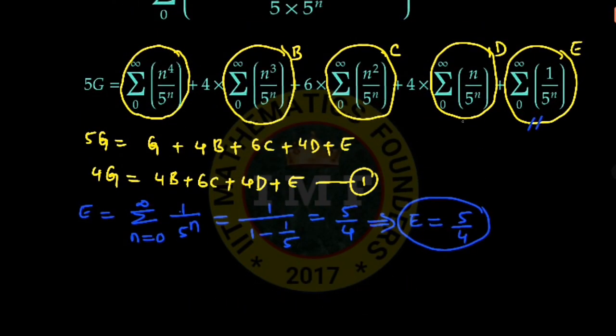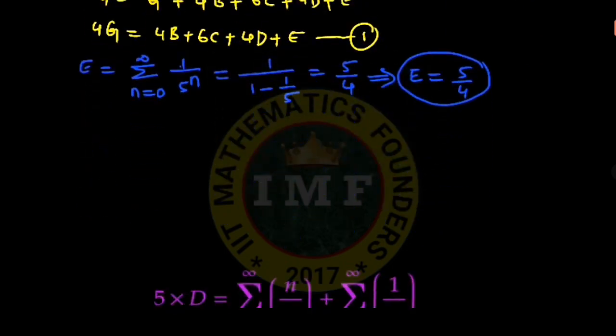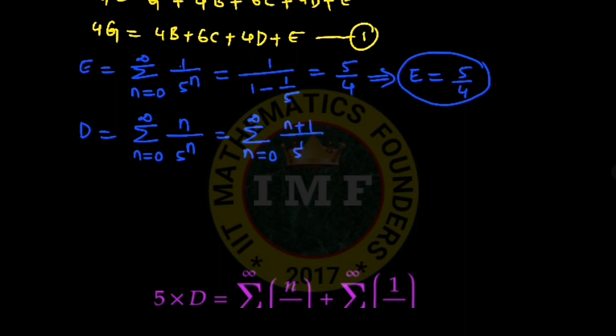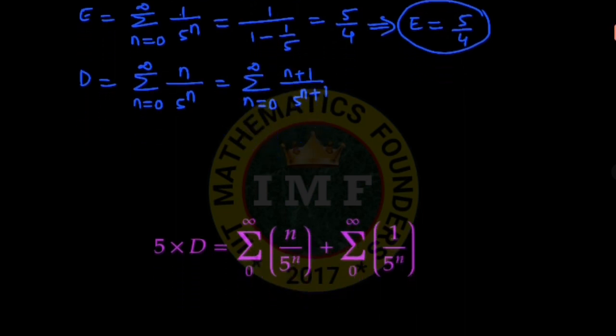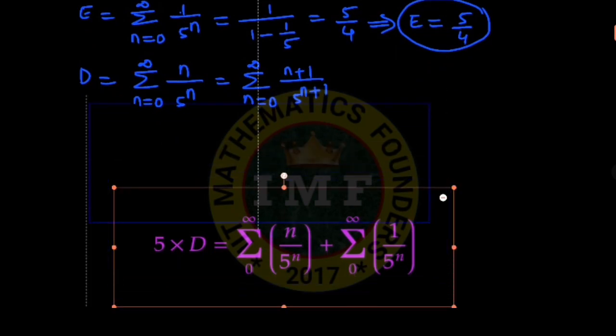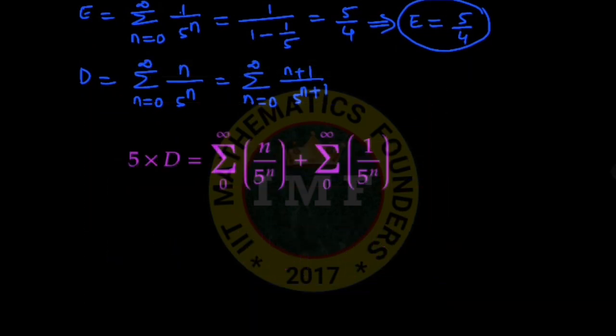Now let me find out this D value. What is D here? D equals sigma n equals 0 to infinity of n by 5 to the power n. This is the same as sigma n equals 0 to infinity of (n plus 1) by 5 to the power n plus 1. On simplification you can write like this. Here 5 to the power n plus 1 can be written as 5 into 5 to the power n.